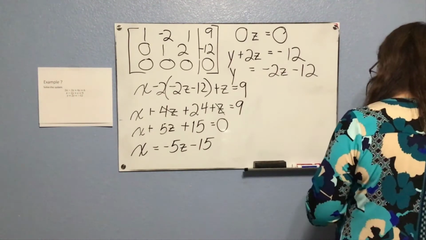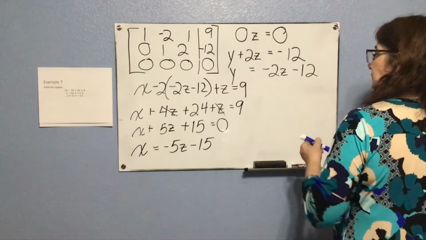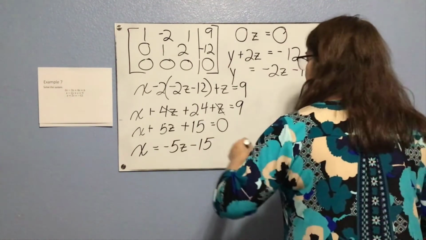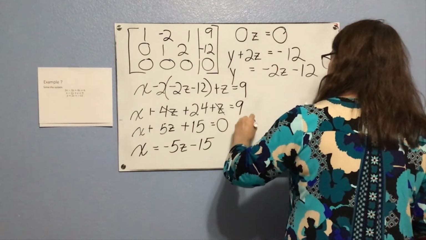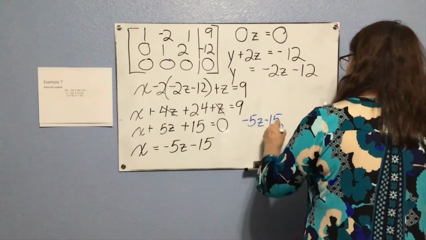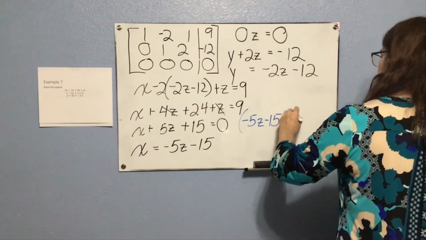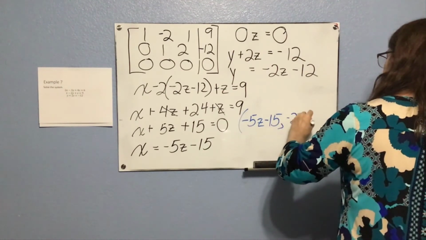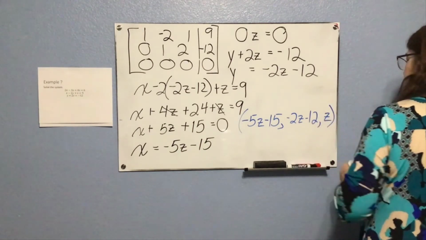So now when I go to write my solution, I write it this way. I start with my expression for x. So it's going to be negative 5z minus 15. And then my expression for y, which is negative 2z minus 12. And then lastly, just the z.